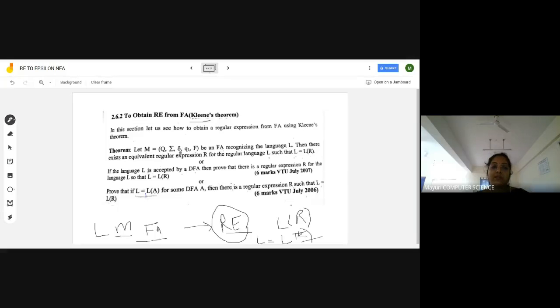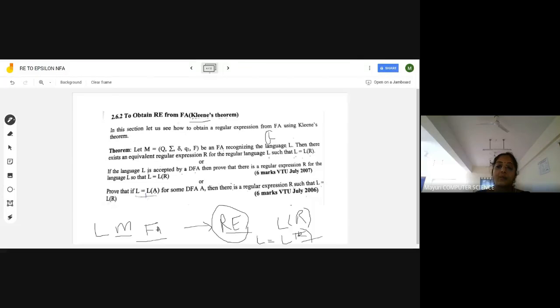Let M be the machine called a finite automata, recognizing the language L. This is the machine language. Then there exists an equivalent regular expression R. We know that for every regular language, we can write a regular expression.